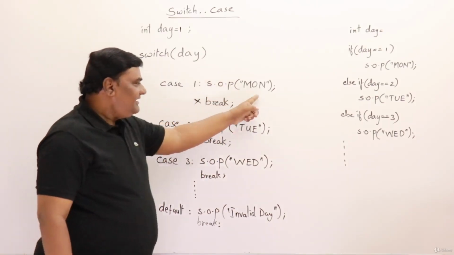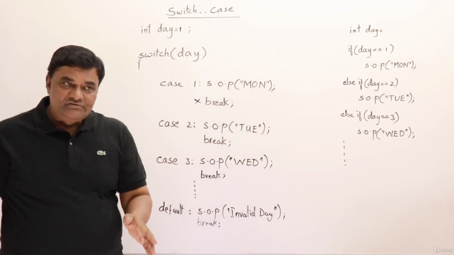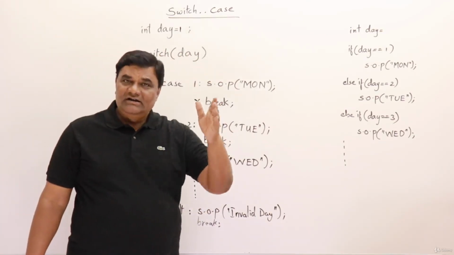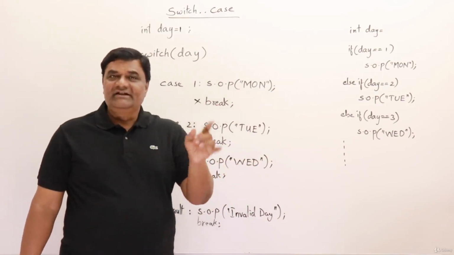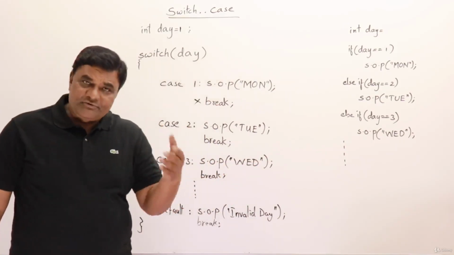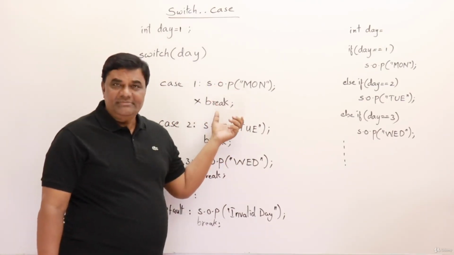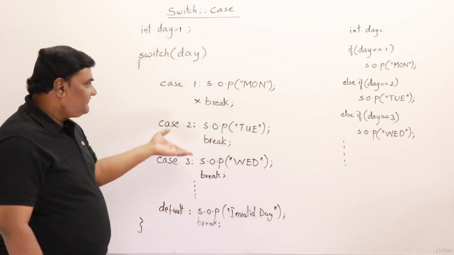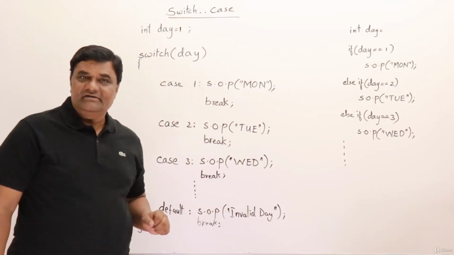And this is called fall through. So it will fall through all other cases. If break is not given, it will stop only if it gets break. So if in your program you want it to execute the following case also, then you can skip a break. But in this example, we definitely need the break statement. So this is the importance of break.